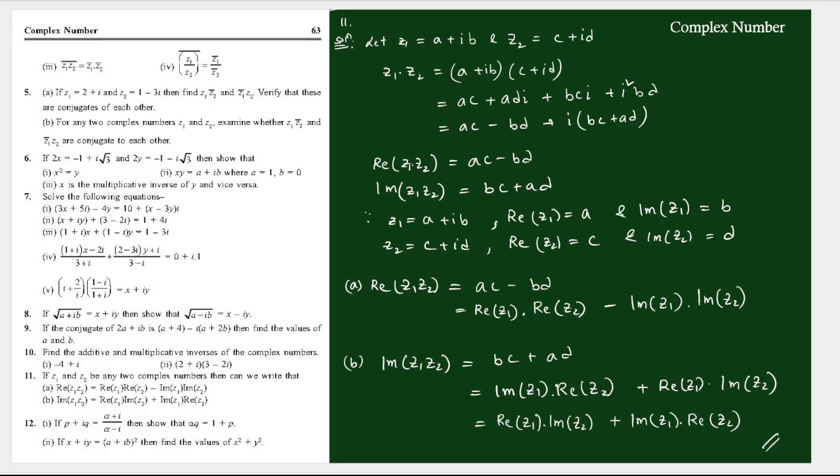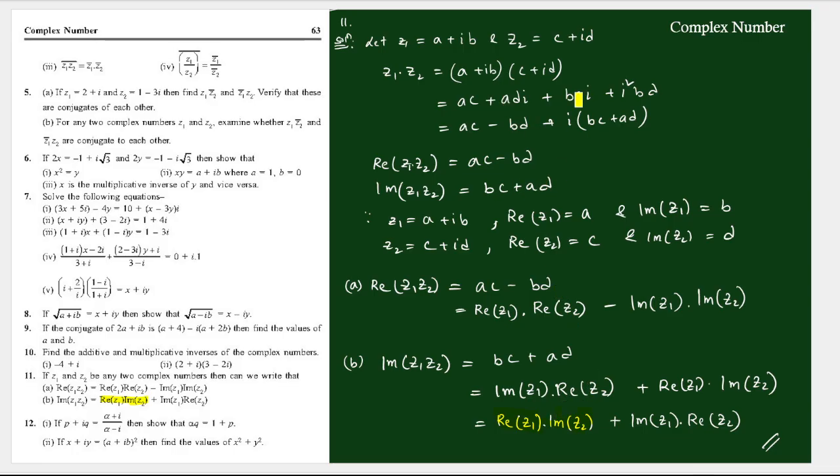Okay, see, real part of z1. Here also we have got real part of z1. Imaginary part of z2, imaginary part of z2. We don't need to exchange the place.